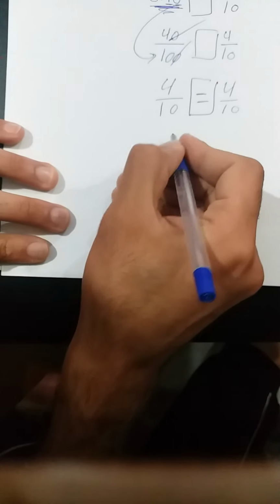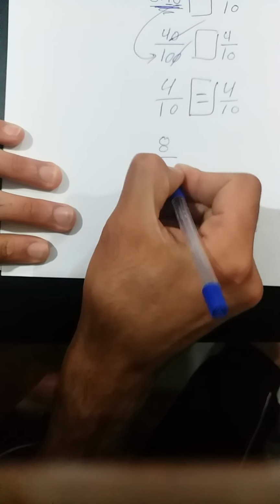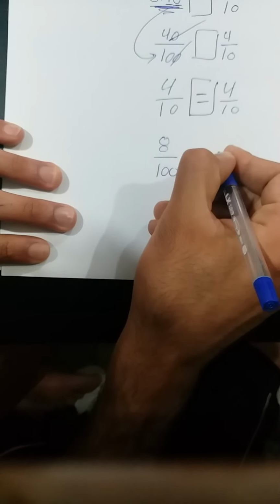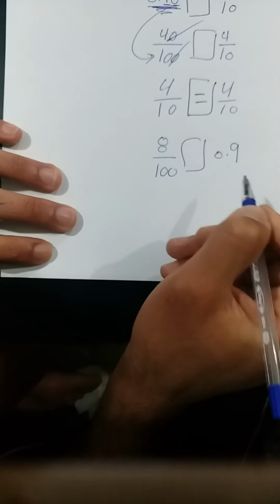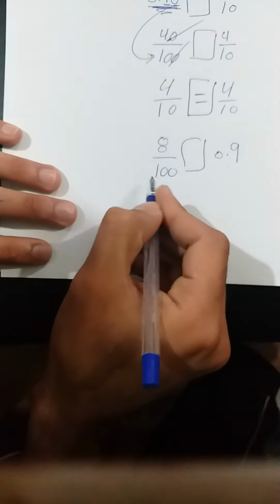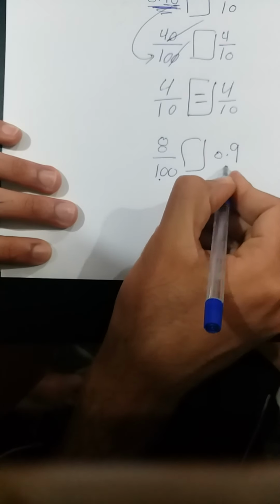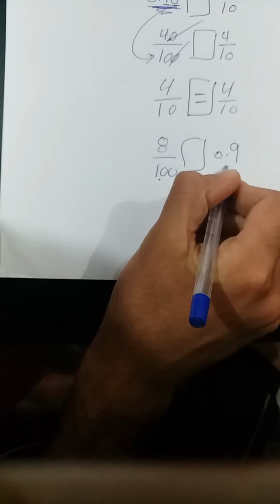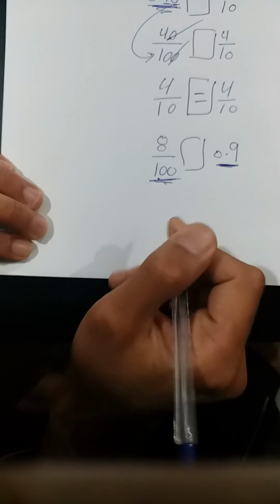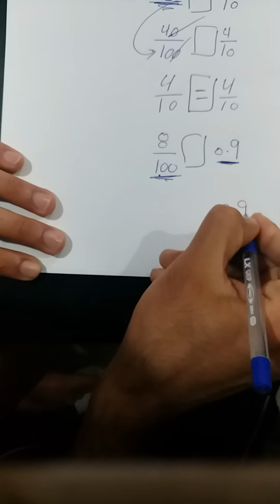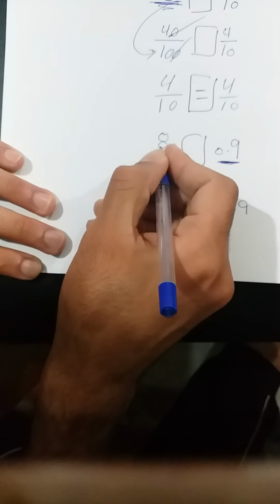Number 3, 8 over 100 and 0.9. Oh, is this a fraction or is this a decimal? The same way, teacher. Make this a decimal or make this a fraction. It's up to you. But I'm going to put this as a decimal. 0.9. Okay, and this, how many digits do I have? Do I have any whole number?